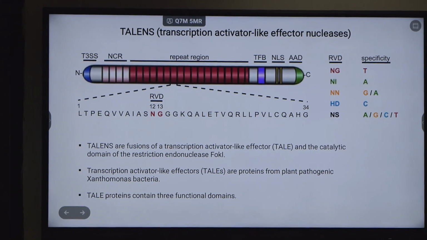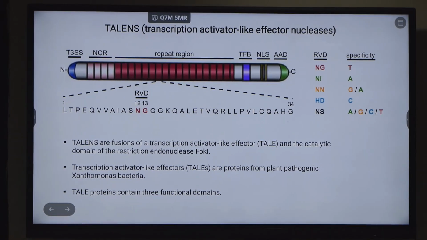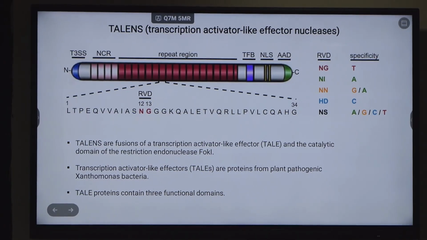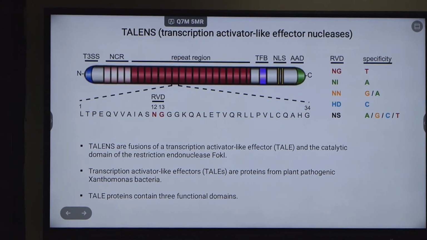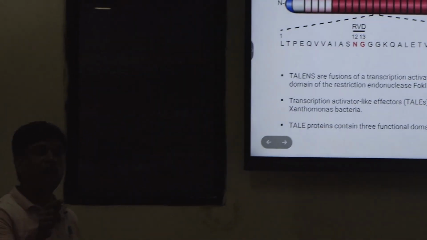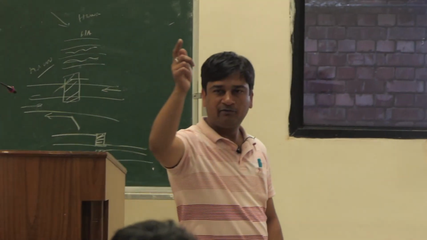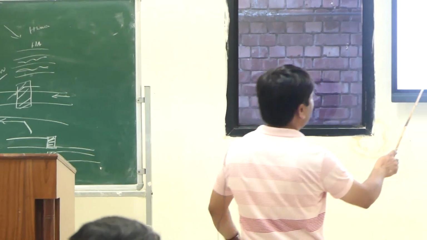So the only purpose of this particular tail will be to target the FOK1 to the target site, like we saw in the case of zinc finger nuclease. So zinc finger nuclease was taking the endonuclease FOK1 to the target site for introducing the double strand break, where somewhere in between this FOK1 is going to introduce the double strand break.